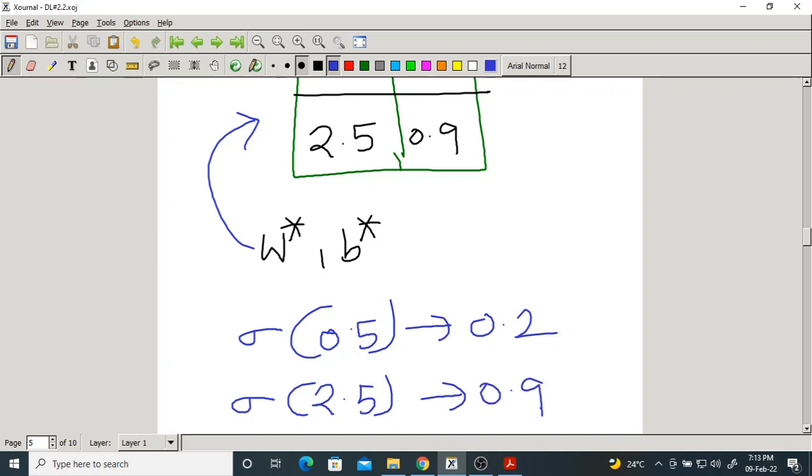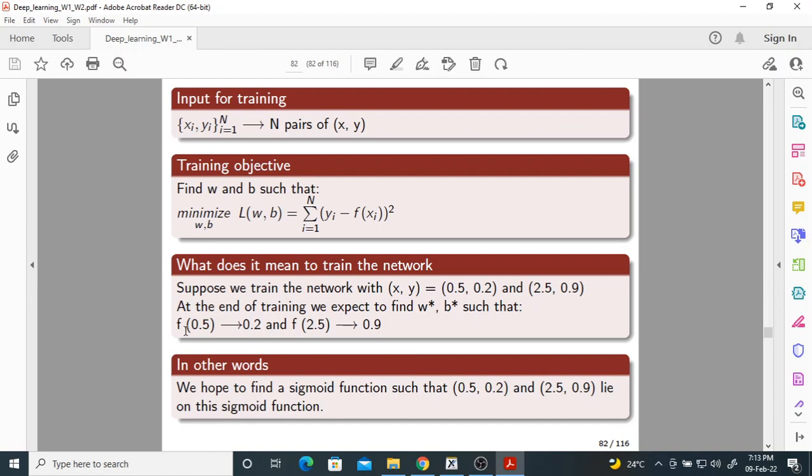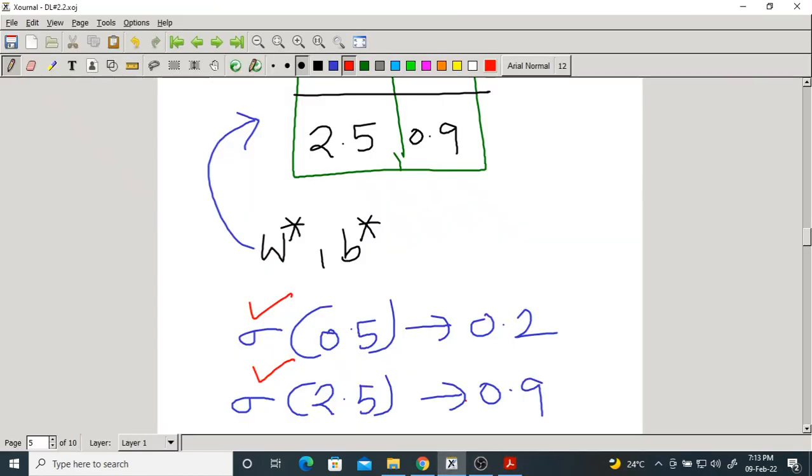Are you getting what I am saying? Then the sigmoid function is correctly identifying the outputs. If I substitute 0.5, it should lead to 0.2. If I substitute 2.5, it should lead to 0.9. These two are the true outputs, the actual outputs.